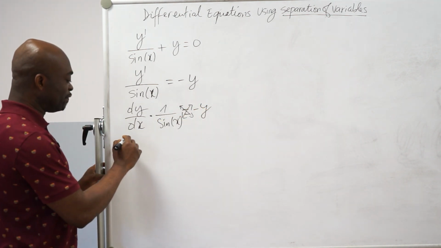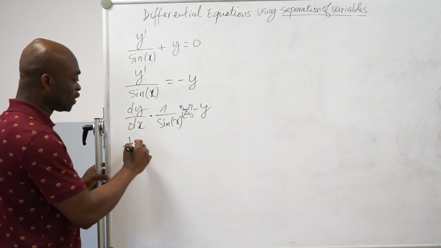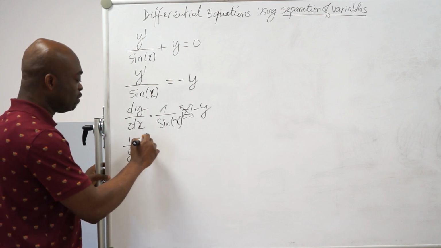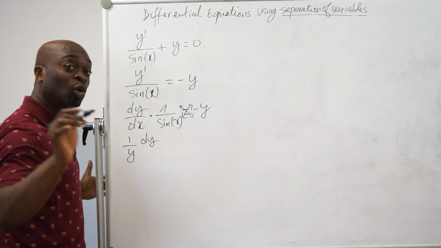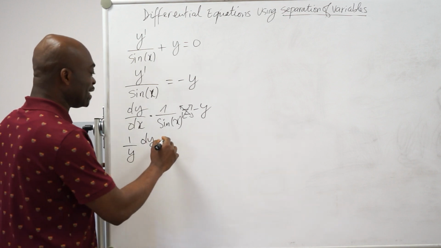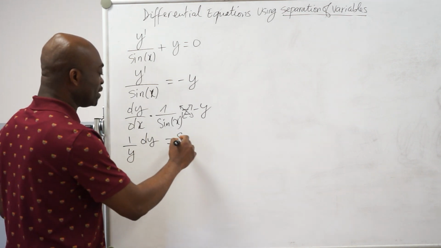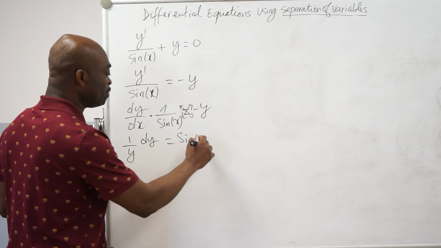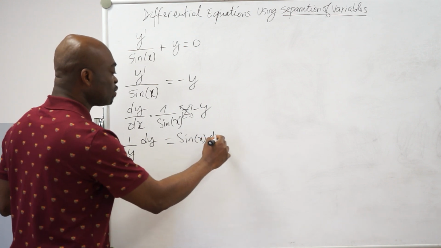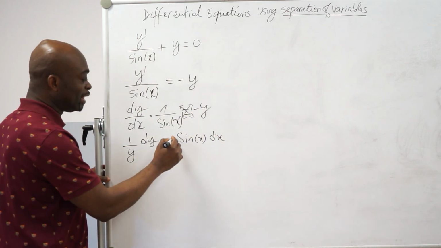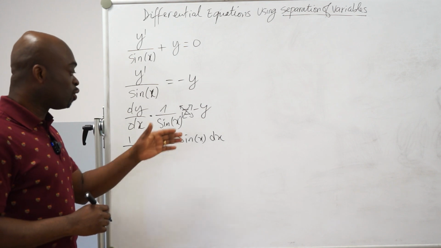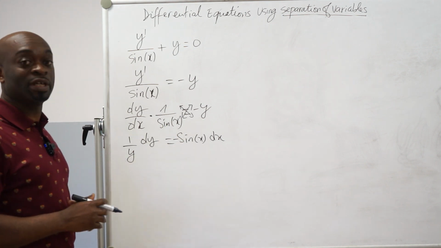It's going to give us 1 over y times dy, and that is equal to what? The sine x goes to the right, the dx as well, but let's not forget about the negative sign here, that we have to keep around.